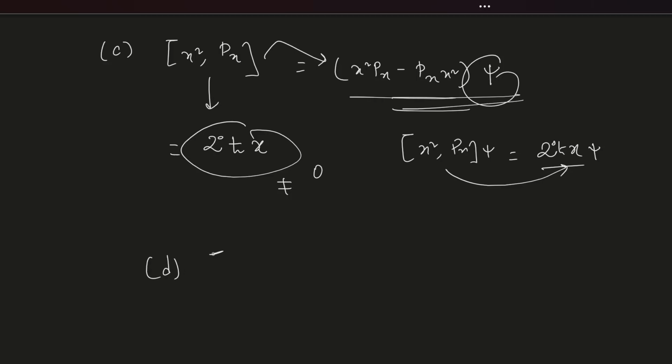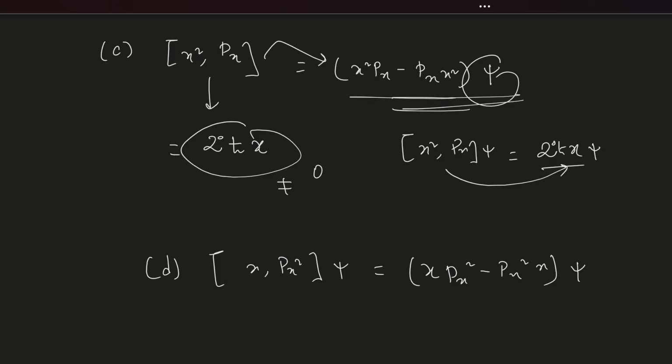For the other option, I'll solve one of these for you, which is x px squared. How much is this? If this acts on psi, then it is x px squared minus px squared x psi. Now because px is minus i h cut del x, px squared will be minus i h cut whole squared.